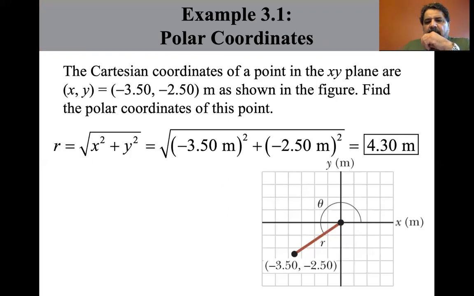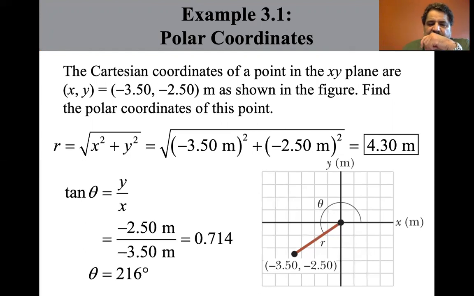So the radial distance is equal to the square root of the sum of the squares, x squared plus y squared. So that's minus 3.5 squared plus minus 2.5 squared. Of course, the squaring takes away the negative, and when you take the square root of that, you get 4.3 meters.